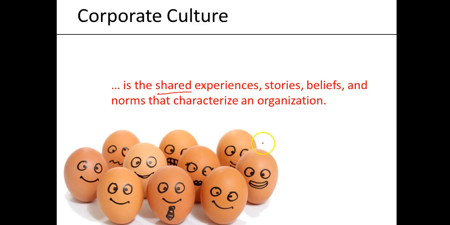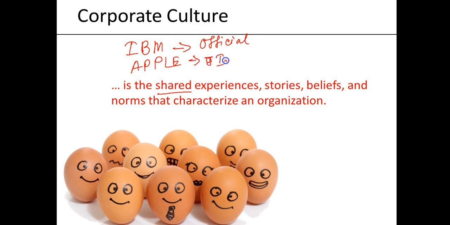For example, someone working in IBM has an identity, and someone working in Apple has another type of identity. If you think about IBM and Apple, you think that one has a very official and formal atmosphere and culture, and the other is very much about the job and an informal culture.